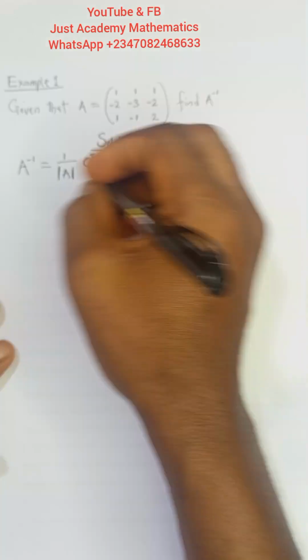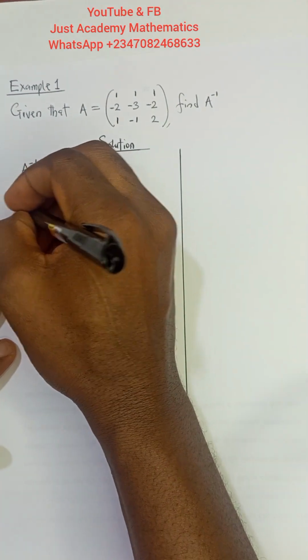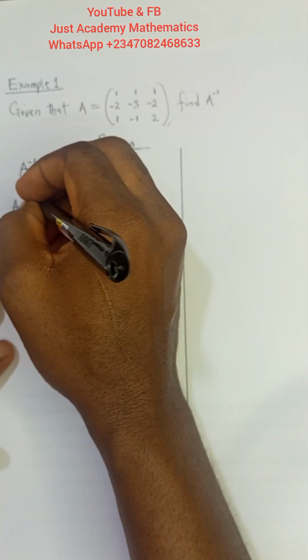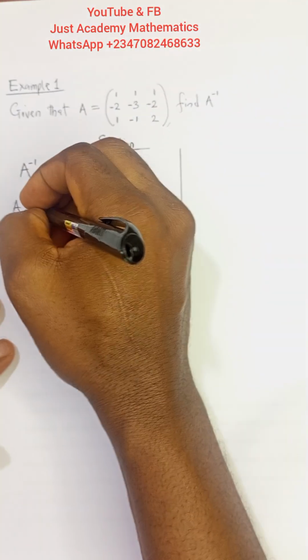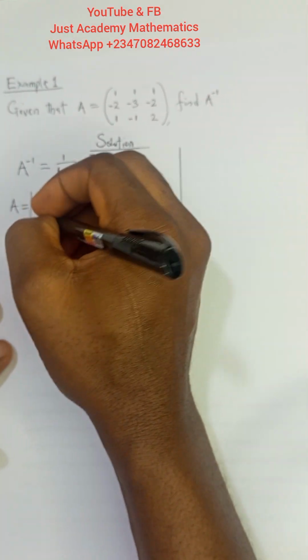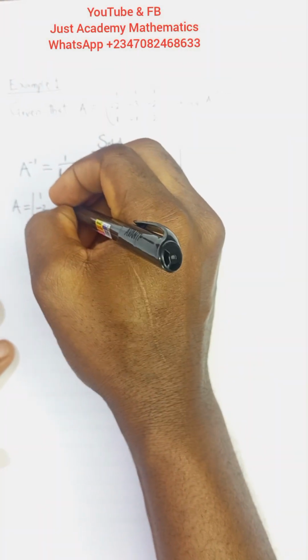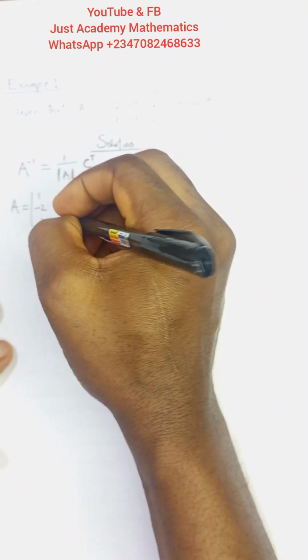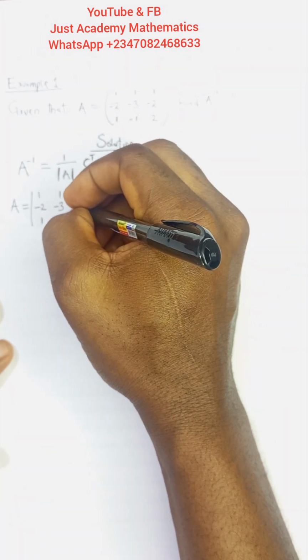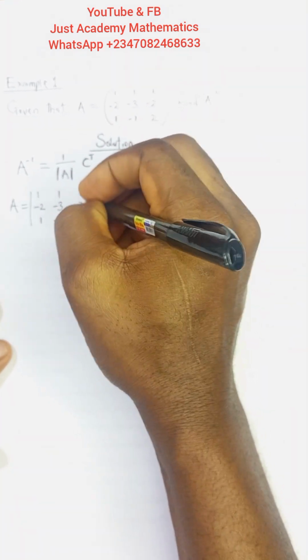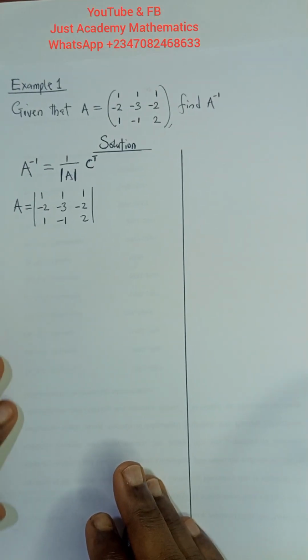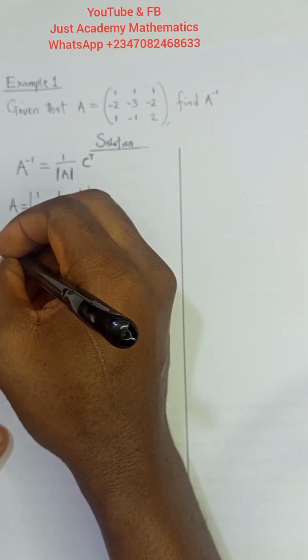So for determinant of A, of course, we know that A is the matrix with rows 1, -2, 1, then 1, -3, -1, and then 1, -2, 2. Of course, we know what is expected of us to do there.